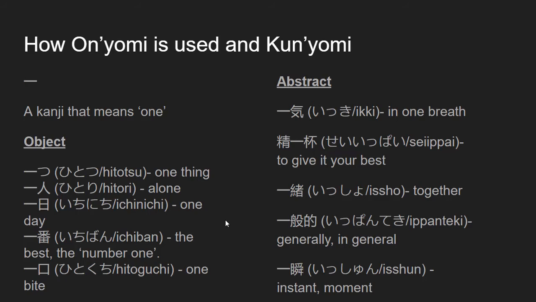So this is an exception, which you'll find when you're learning Japanese and learning certain counters. Counters are ways you count different objects and things in Japanese. So when you're counting people, you will use kun'yomi. So hitori means one person.